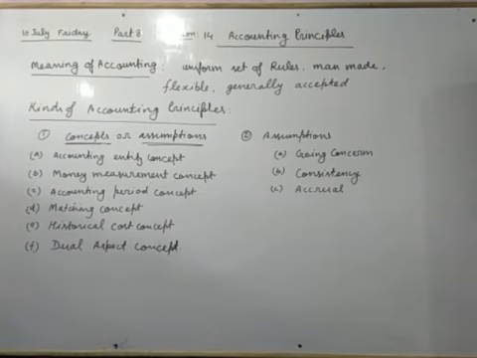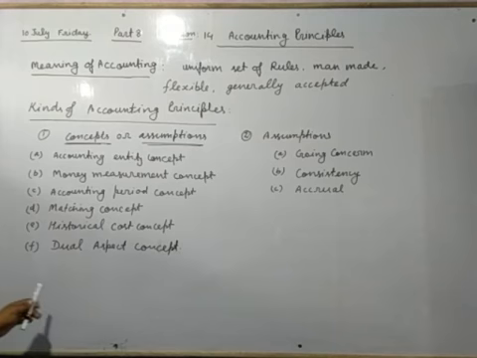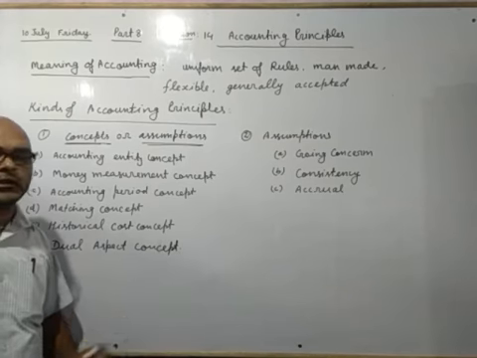According to this concept, for every transaction, one account will be debited and another account will be credited. This concept is based on the accounting equation: assets equal liabilities plus capital.